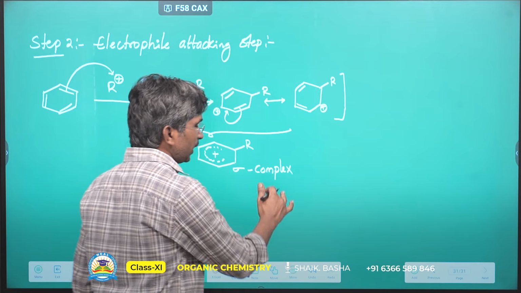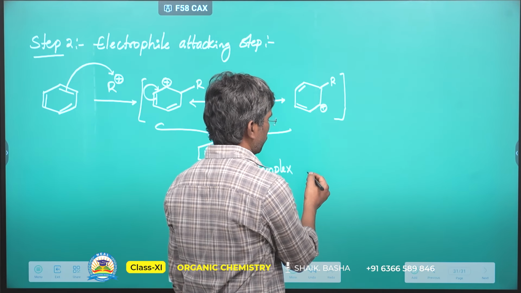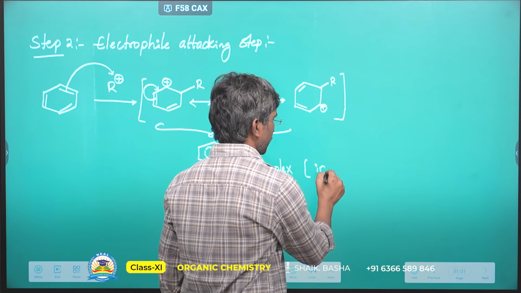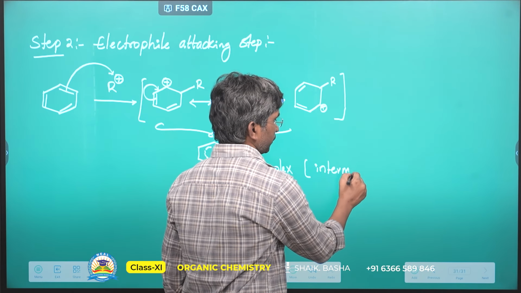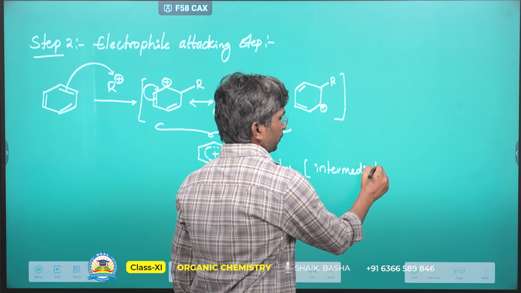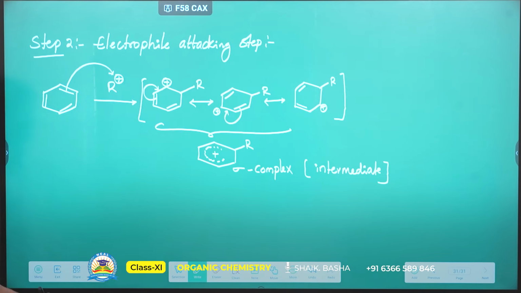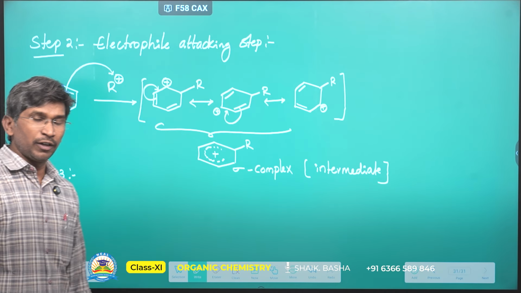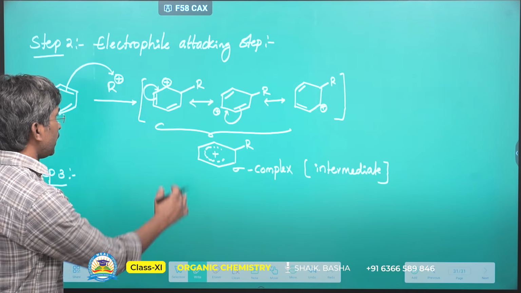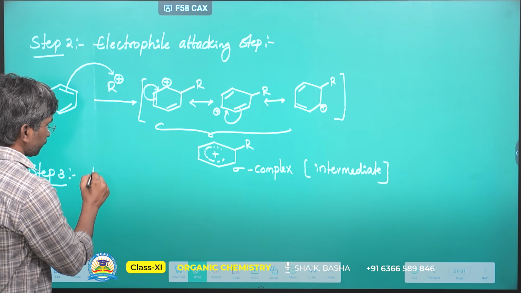The sigma complex is the intermediate stage of the electrophilic substitution reaction, like a carbocation. Then in step 3, what happens? The product will be formed. How do we get the product? We can take any one resonance structure.